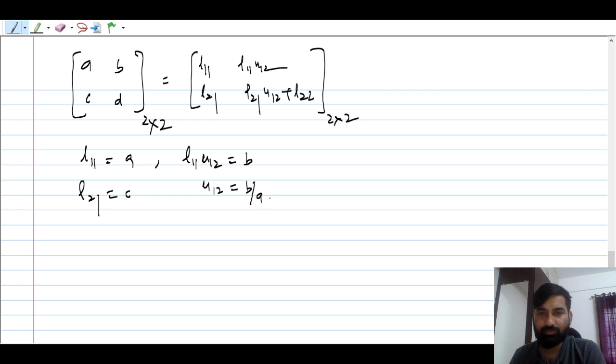Okay. So this is how we compare. It's very simple. All values you can find out. Now you can compare and put all these values, and you will get them. So this is the direct method.